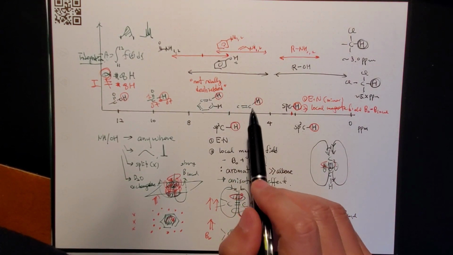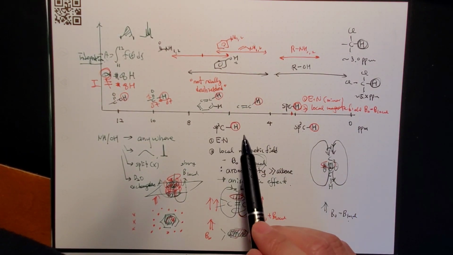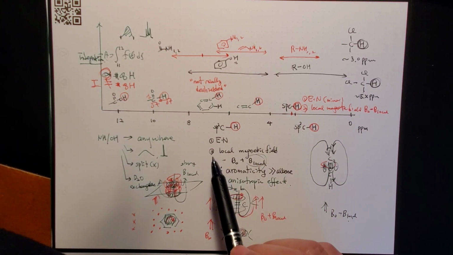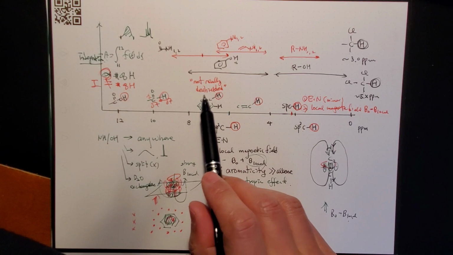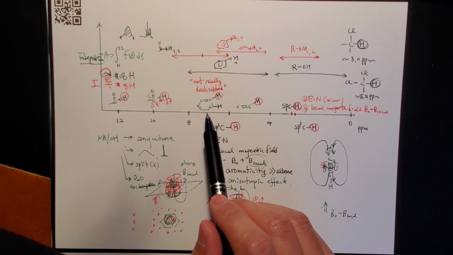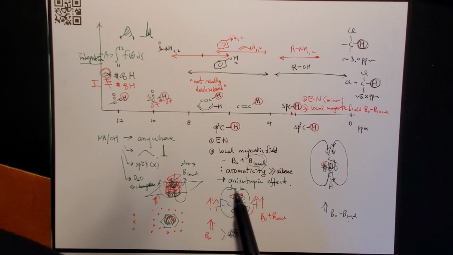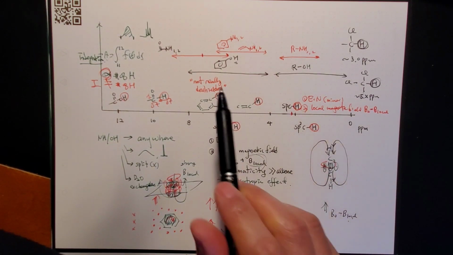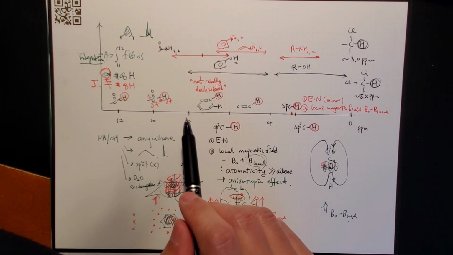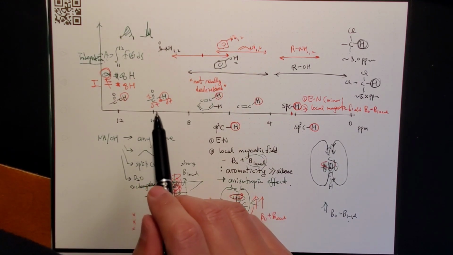Then regular alkene hydrogen comes normally between 4 to 6, and then the aromatic ring has an exceptionally strong anisotropic effect to move down to 6 to 8. And then aldehyde peaks around 10.